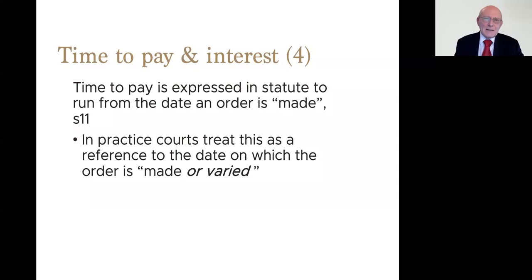But in practice, what courts do is they treat this as a reference to the date on which the order is made or varied. I suppose strictly, if we just look at POCA, just at the words on the page, then there are no provisions that say what time to pay should be when an order is varied. They only talk about time to pay when an order is made.